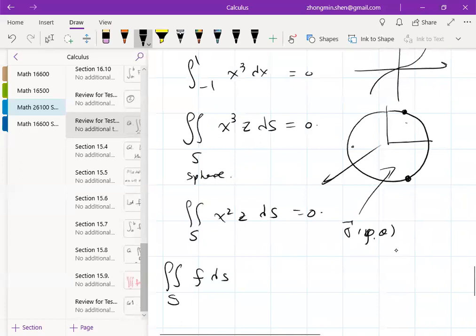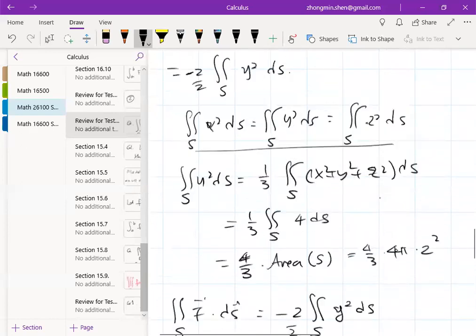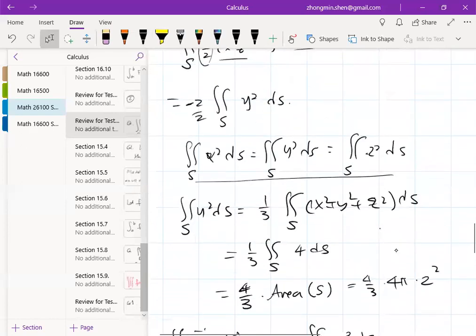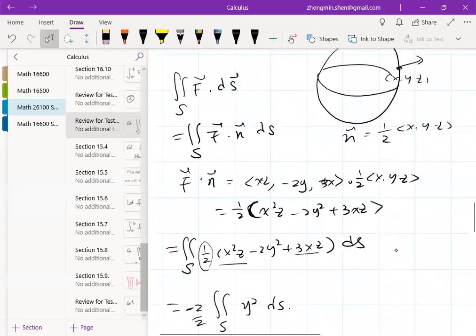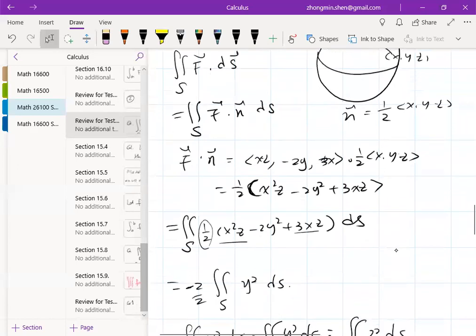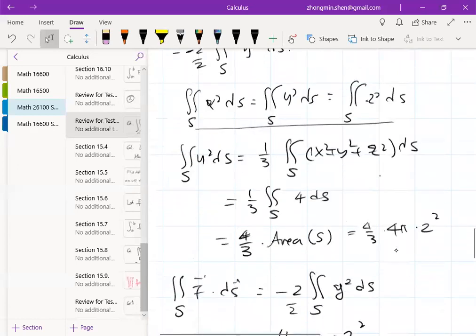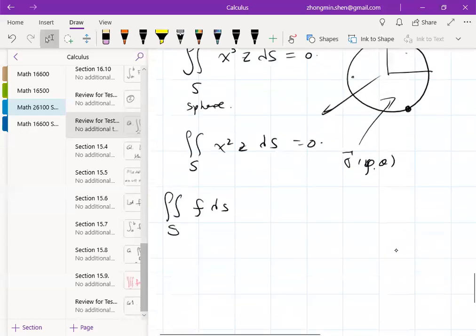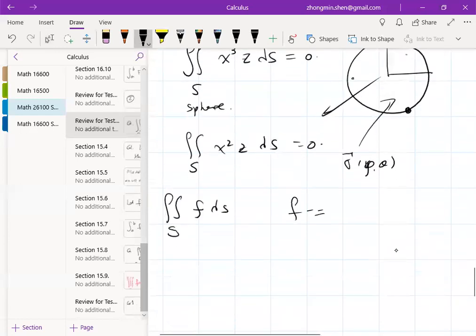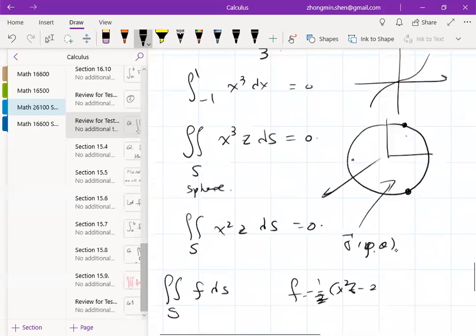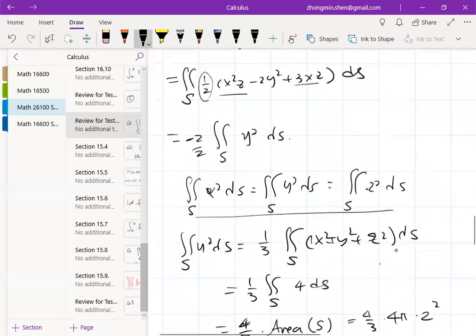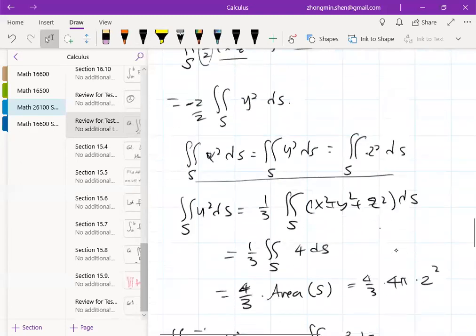This f represents our function. Where's my function? Half of x squared z minus 2y squared plus 3xz, right? So for that one, f is half of x squared z minus, okay, I try to memorize all these numbers, negative 2y squared plus 3xz.